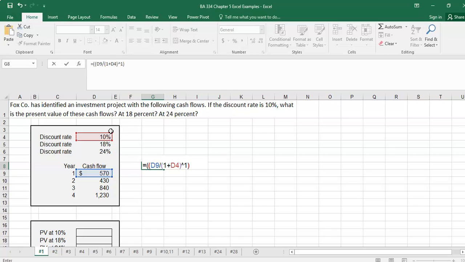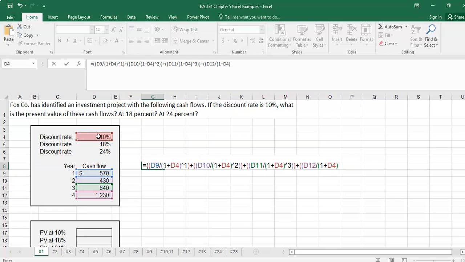Plus year 2, 430 divided by 1 plus our rate of 10%, to the power of 2 for year 2, plus year 3 divided by 1 plus the rate to the power of 3, plus year 4 divided by 1 plus the rate to the power of 4.